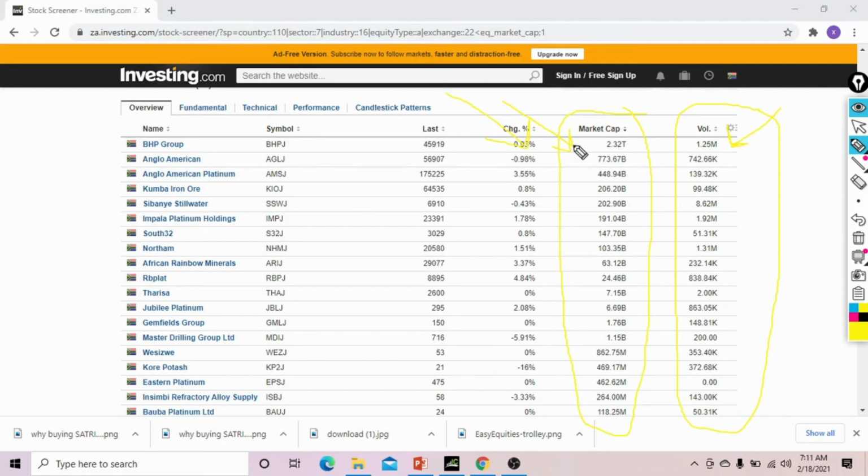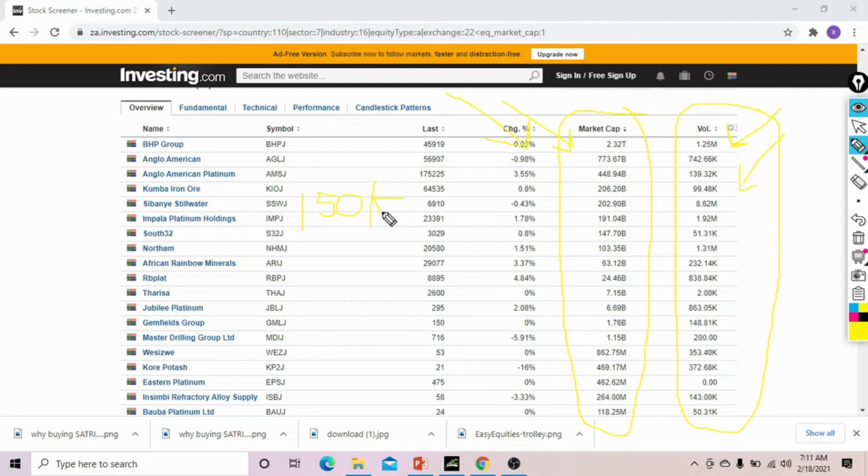When it comes to the volume side, you want to be buying stocks that are trading at least 150k. The number of shares that exchange hands per day should be at least 150k, because if you buy a stock with a very small volume, it's going to be difficult for you to sell those shares.